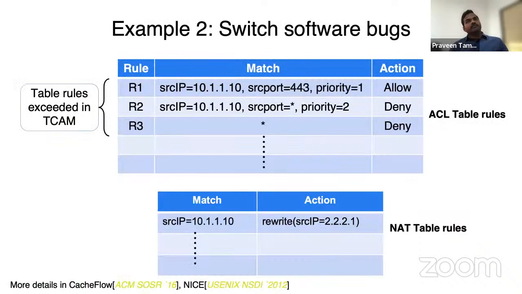Another possible bug could be in the switch software. Typically, TCAM is a limited resource. In other words, if there are too many table rules that wouldn't fit in the TCAM, then some of the rules would be kept in the switch software.